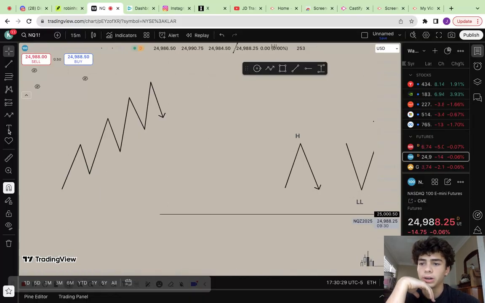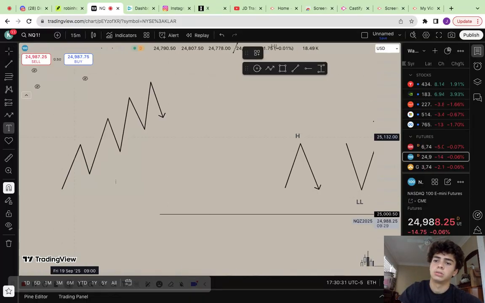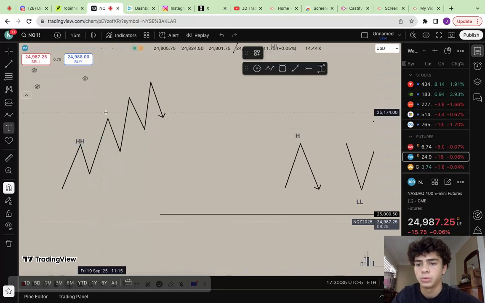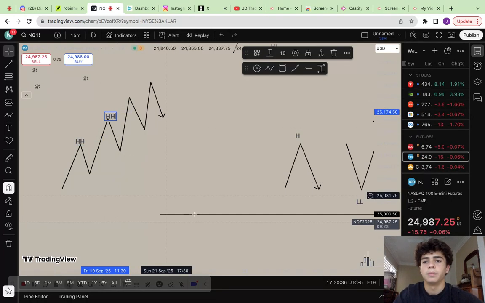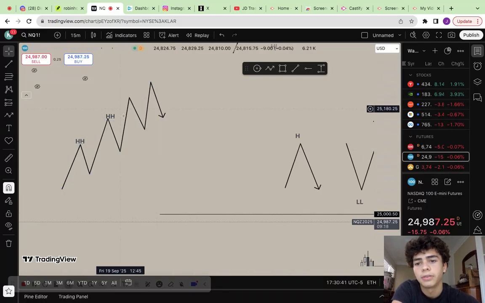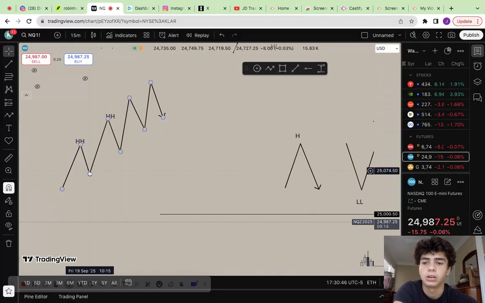So we can mark out our highs and lows. This is our high, and then we create another high. So we have high, high, high, high. Every one of these highs is higher than the last, so they're higher highs, and then here are our lows. A low right here, low right here, low right here. Every low is higher than the other low.